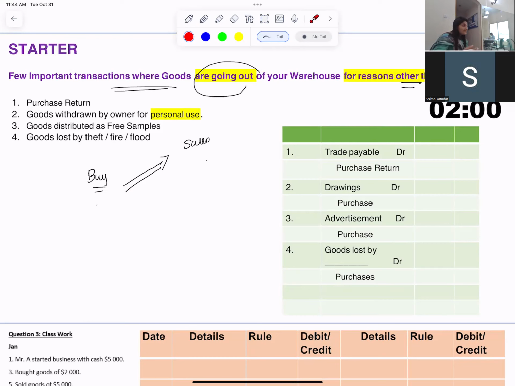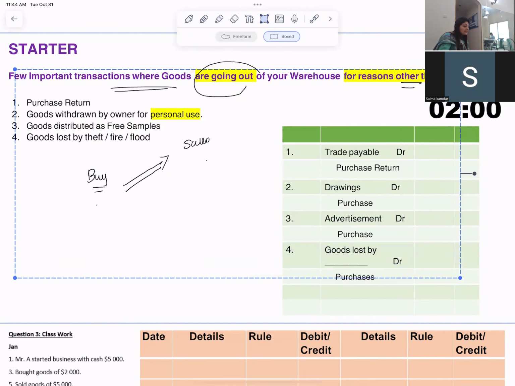What are the reasons why the goods can go out of the godown? Maybe you purchased the goods and you're returning them. Or you're taking your goods home, or you're distributing the goods free of cost, goods distributed as free samples, and goods lost by fire and theft.